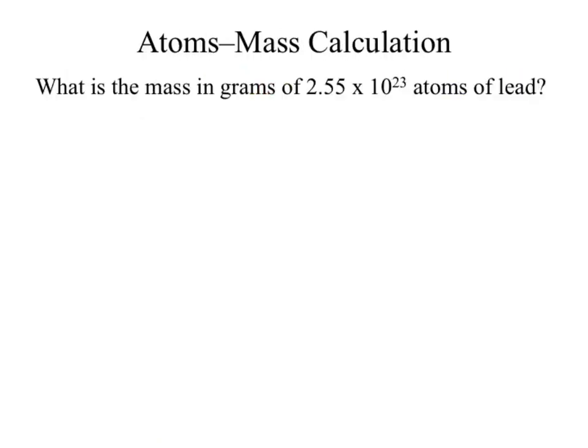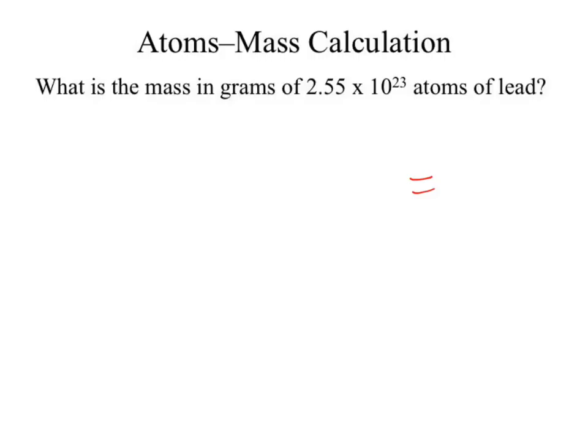What is the mass in grams of 2.55 times 10 to the 23rd atoms of lead? So to set you up, what do we want to start with? It's the same thing we've started with every time we've started a conversion question. What do we want?